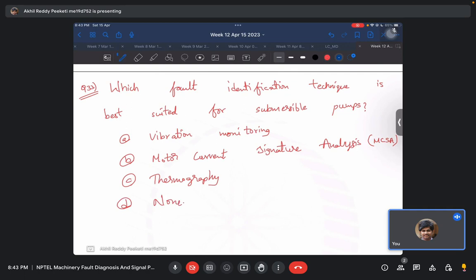So which is more suitable for a submersible pump? The pump is under water, submerged inside.